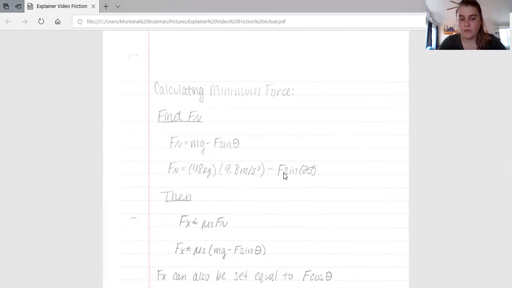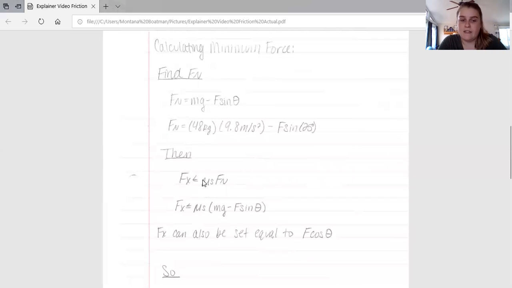I'm just going to show you how to plug it in. It's given in the problem that the ice block weighs 48 kilograms. So do that times 9.8 meters per second squared, which we know G is equal to, and then minus F sine of 25, because that was the theta given, 25 degrees.